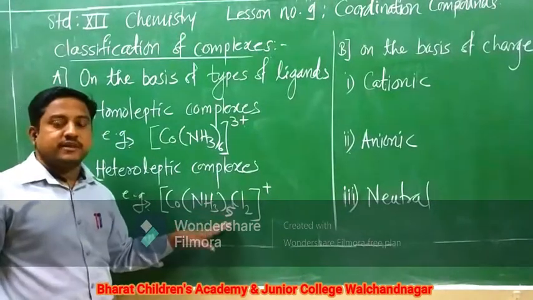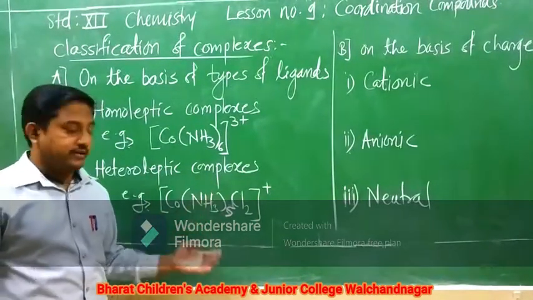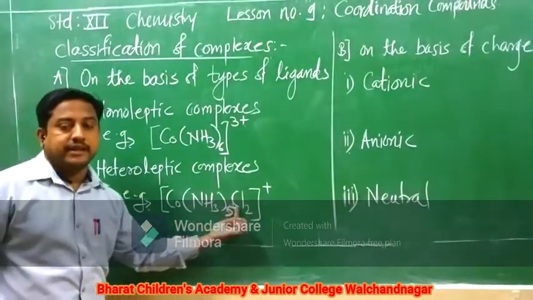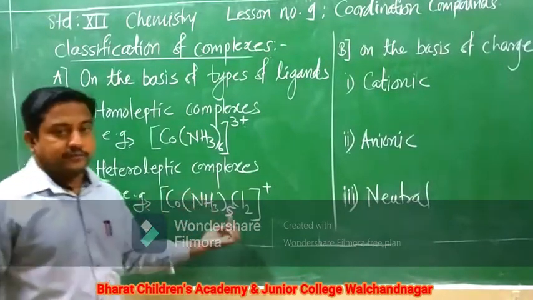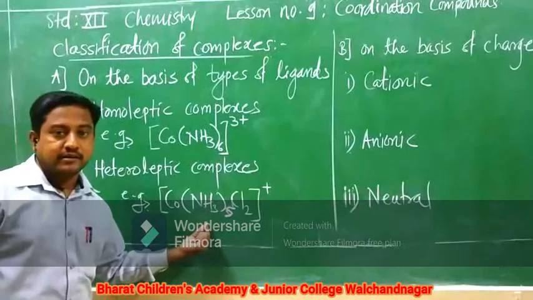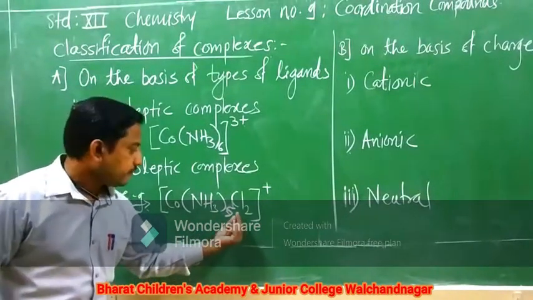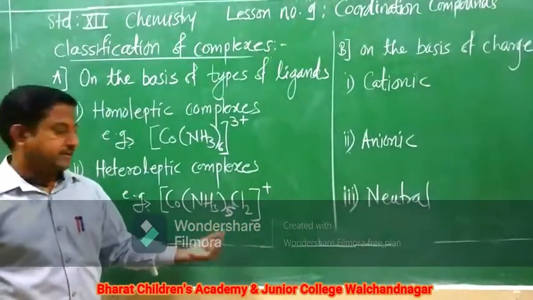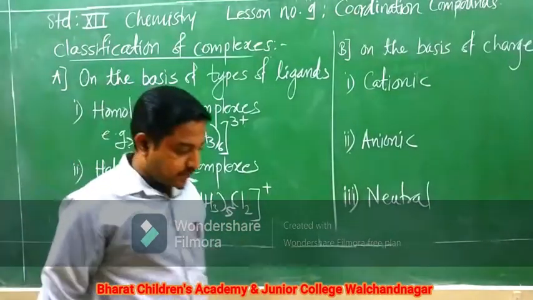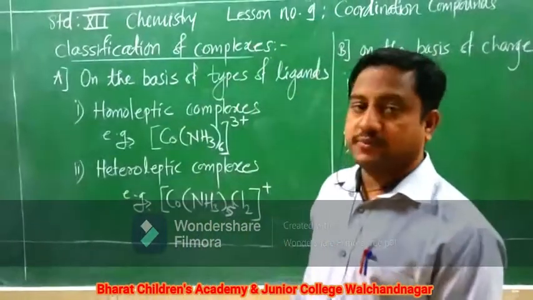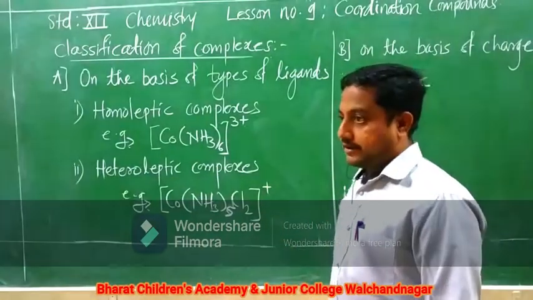Whereas in case of the heteroleptic complex, you have two different types of ligand in the coordination complex. One is ammine and the other one is chloride, Cl. This is ammonia and the other one is chlorine. That is the difference between homoleptic and heteroleptic complexes.